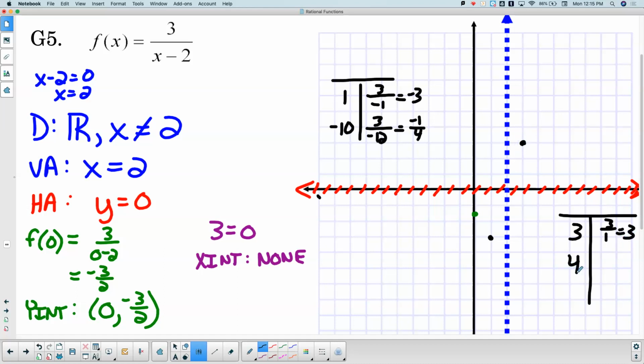4 is 3 over 2, which is 1.5. 5 would be 3 over 3, and 10 would be 3 over 8.